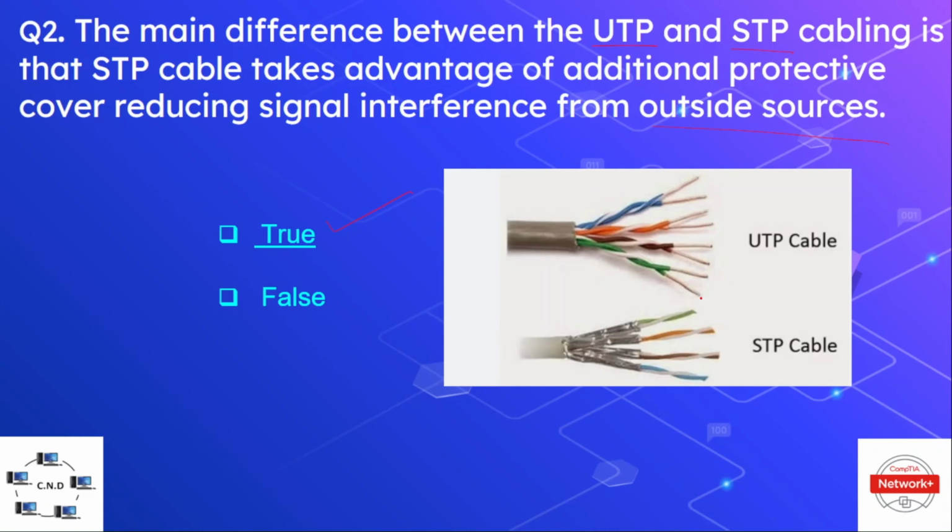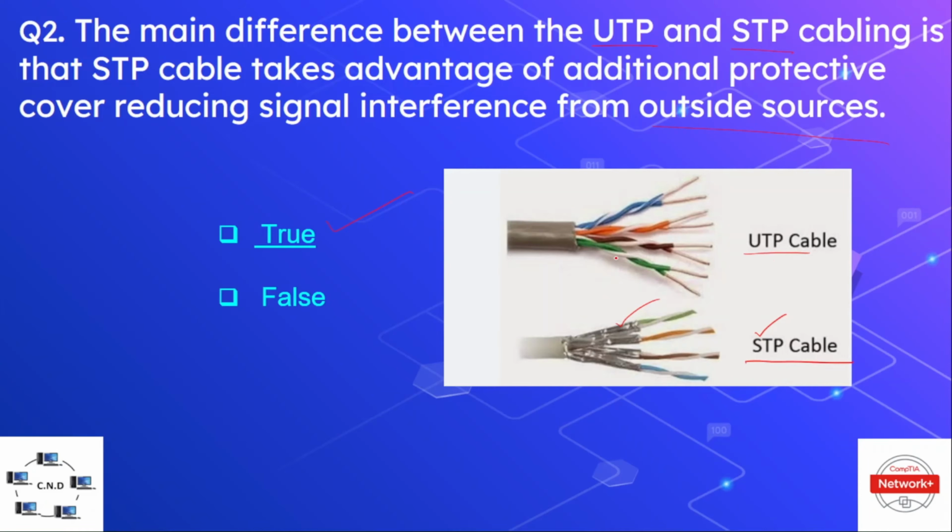So this is the picture of STP and UTP. Here we can see that STP has this silver color extra covering that is not available with the UTP or unshielded. So the S stands for shielded, and this is basically the shield that is available with STP and not available here.